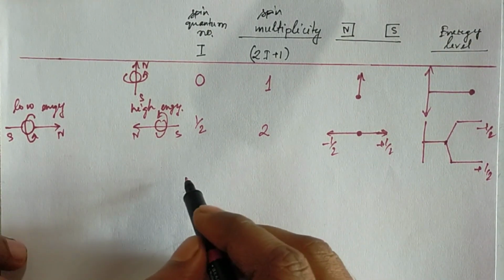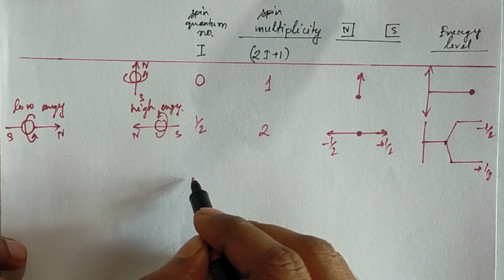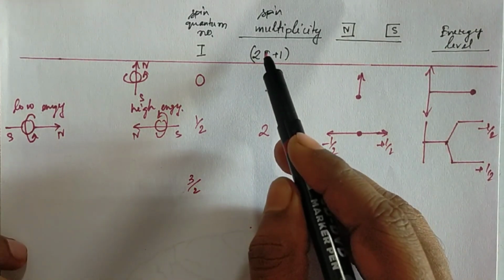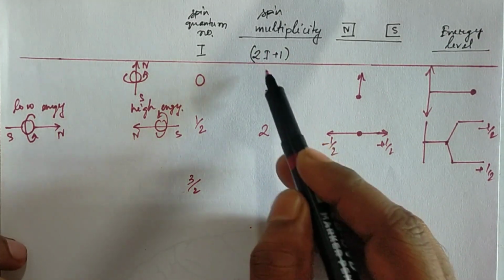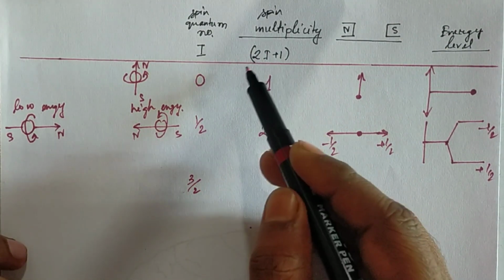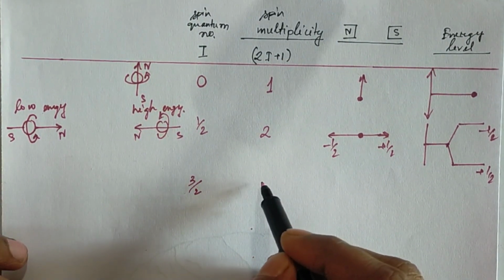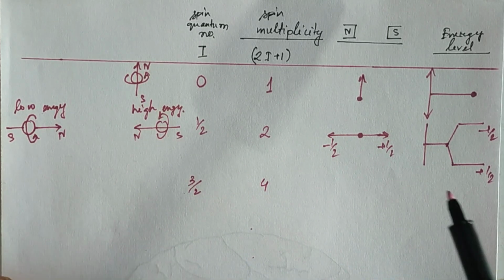Next, when the spin quantum number is 3 by 2, the spin multiplicity will be 2 into 3 by 2 plus 1. The 2 will cancel out, only 3 remains, 3 plus 1 is 4.